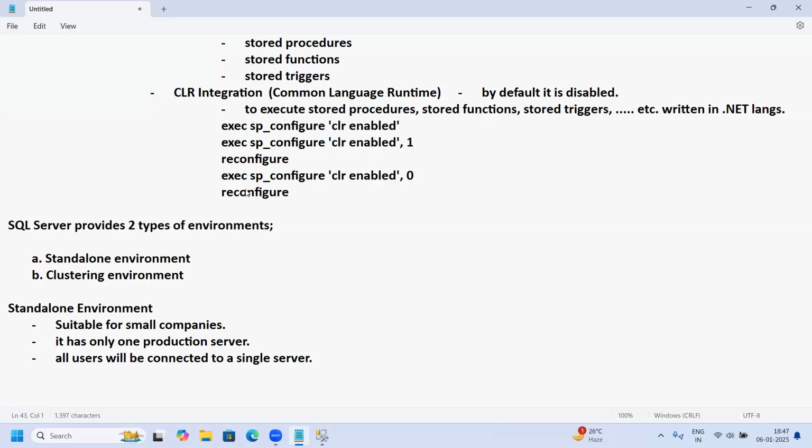Later, you all will be clubbed into the 8 o'clock batch. 8 p.m. is our regular batch.